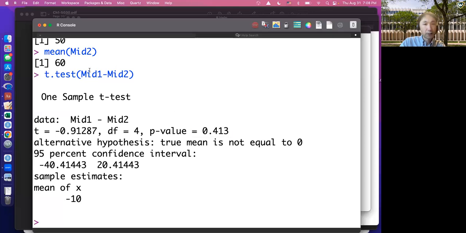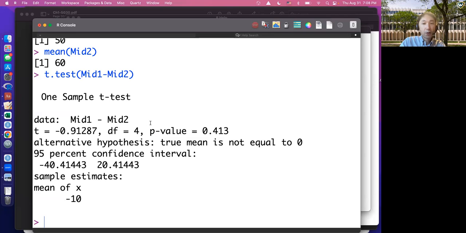The hypothesis that the two exams have the same population mean is not rejected in this case because the p-value is not less than some threshold value. Usually, if the p-value is less than 0.05 or some specified threshold, we regard the null hypothesis that the two exams have the same population mean as rejected.